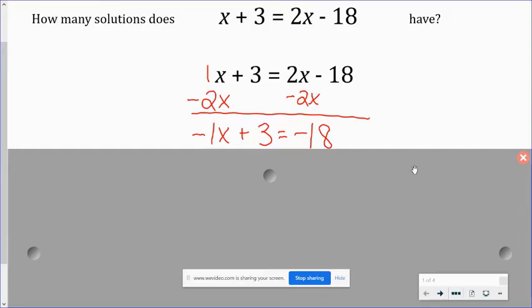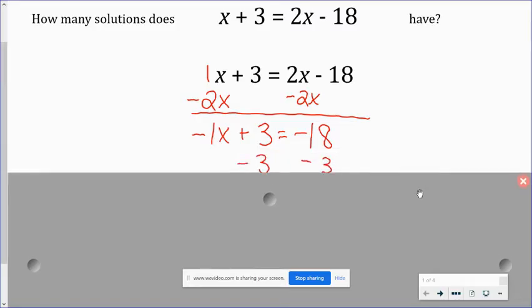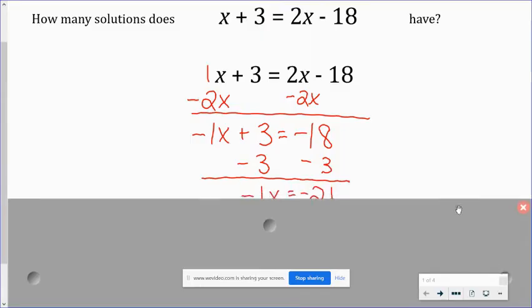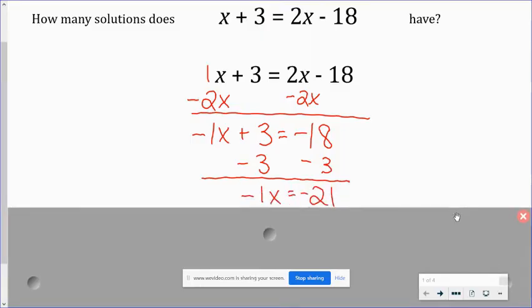To undo positive 3 or plus 3, we must subtract 3. The inverse of addition is subtraction. Whatever you do to one side, you must do to the other. Negative 18 minus 3 is a greater negative of negative 21.